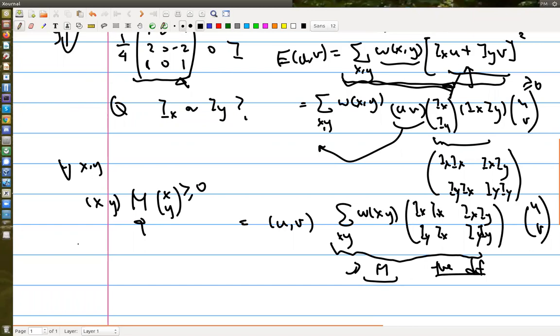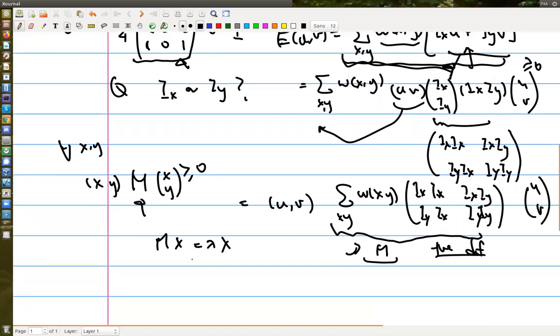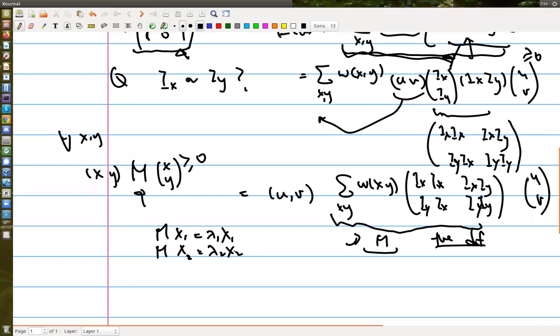So what I mean is you can have Mx equal to lambda x, and M is 2 by 2, so I can have two different eigenvectors and eigenvalues: Mx1 equals lambda 1 x1, and Mx2 equals lambda 2 x2. Basically, I have two eigenvectors x1 and x2 with two eigenvalues lambda 1 and lambda 2, and x1, x2 are orthogonal and normalized.